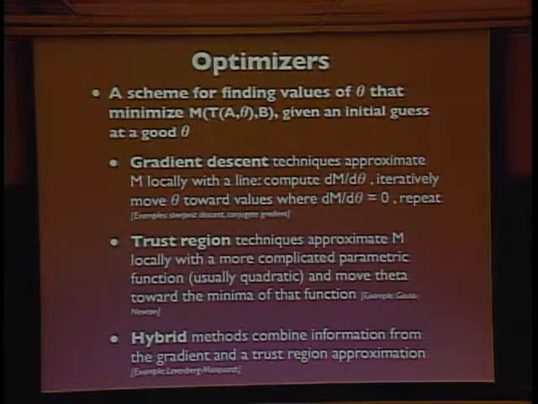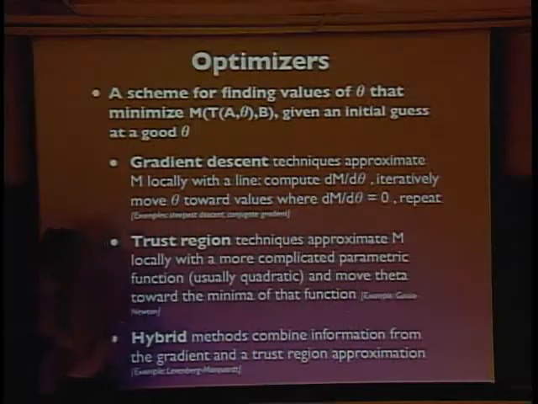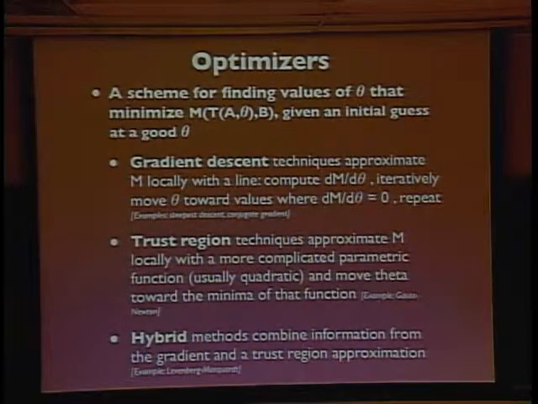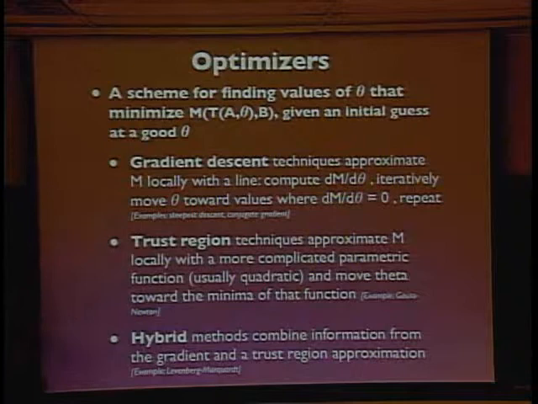If you remember back from calculus, if you plot a function, at its minimum and maximum is where the derivative goes to 0. So here all we're doing is starting at some initial position in our function and moving towards the derivative equals 0 direction. We're kind of going downhill. There are variants of this gradient descent idea, including steepest descent and conjugate gradient, but this is the general idea.